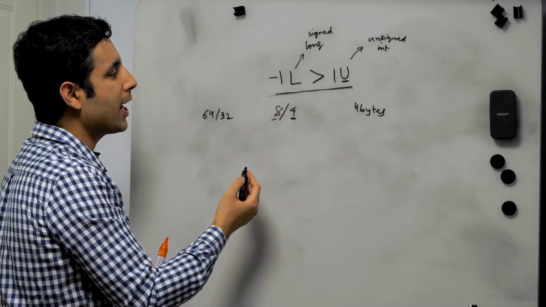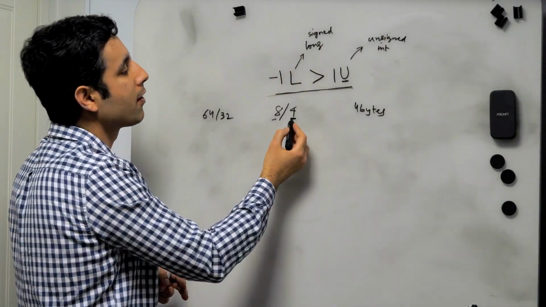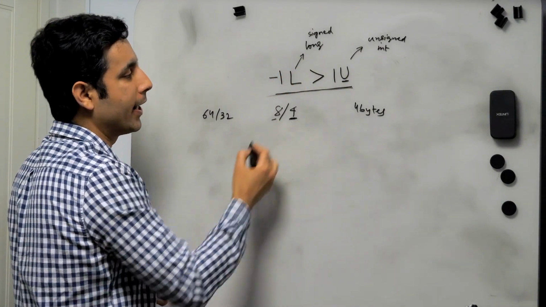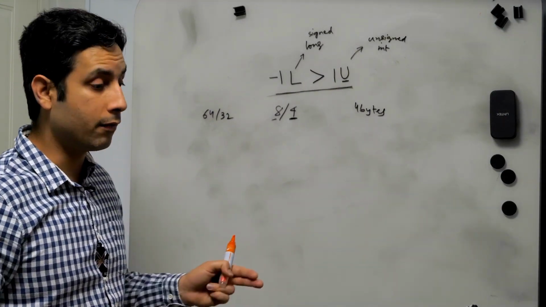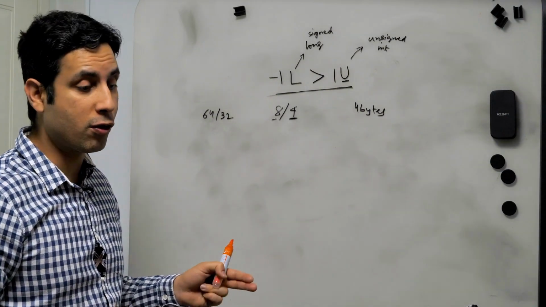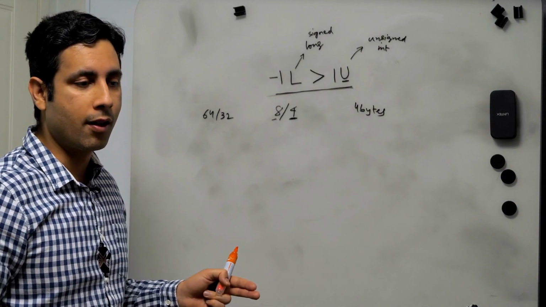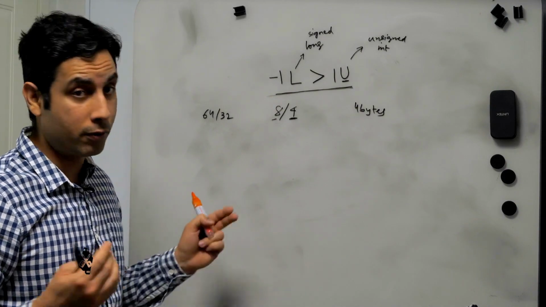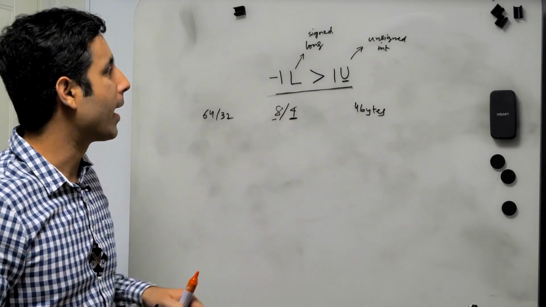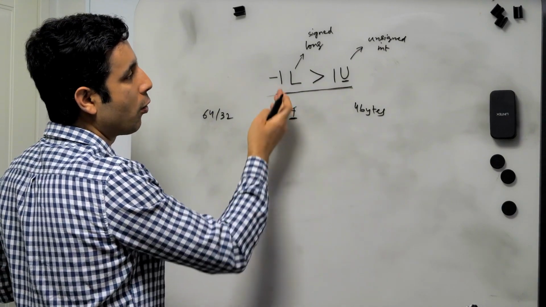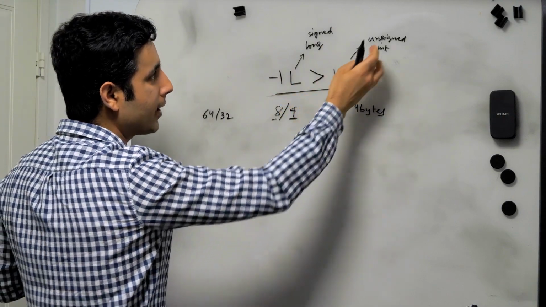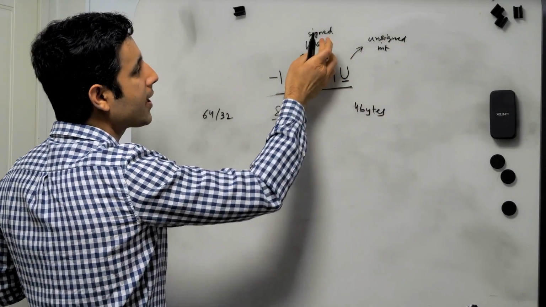In case the long has size 4 bytes, that is maybe 32-bit Intel with Linux or Microsoft Windows Visual Studio compiler, it would be 4 bytes. In that case, the size is equal. But then this is unsigned int and this is signed long.